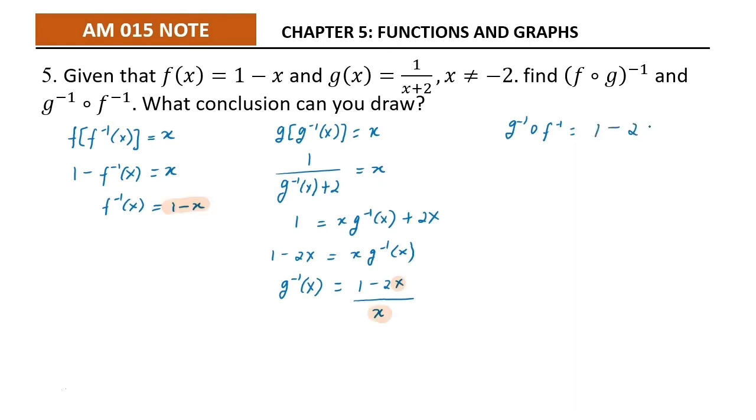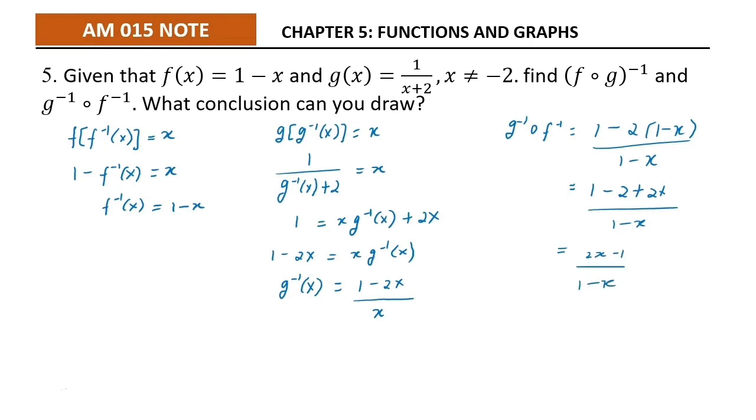And then find g inverse of f inverse. g inverse is (1 minus 2x) over x, where x is f inverse, 1 minus x. Simplify. (1 minus 2 plus 2x) over (1 minus x). So we have (2x minus 1) over (1 minus x).